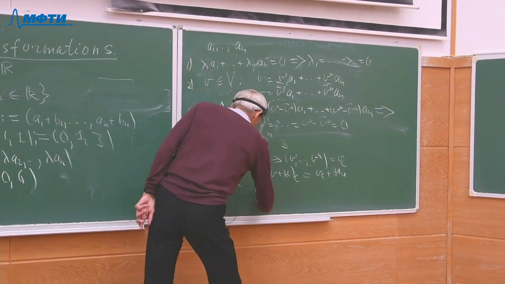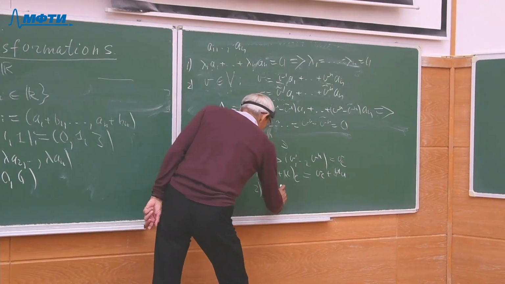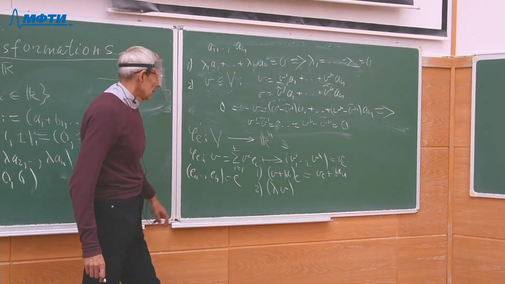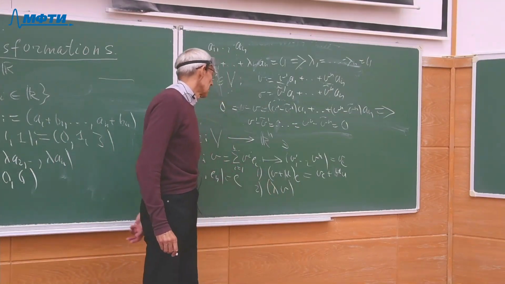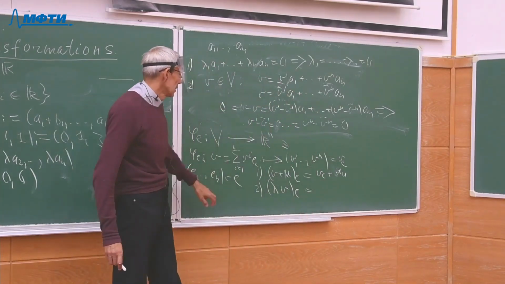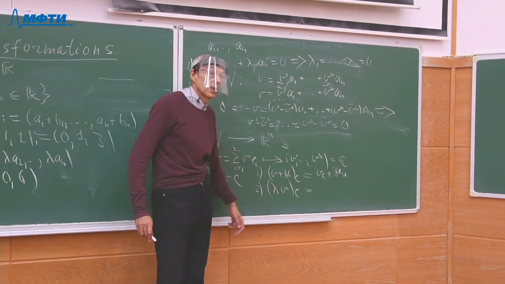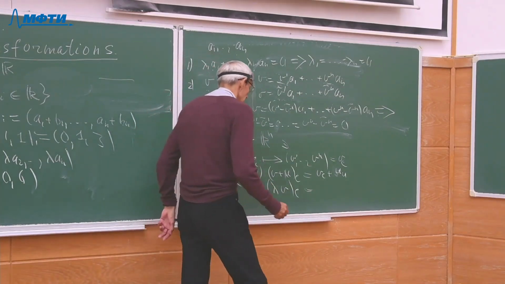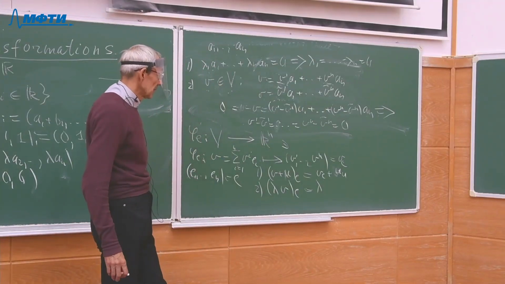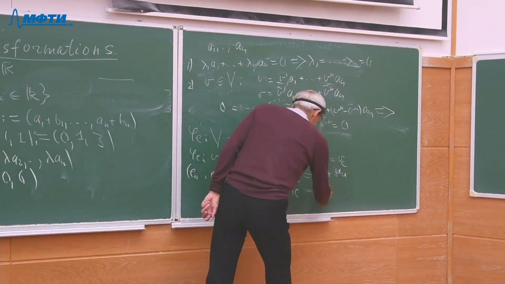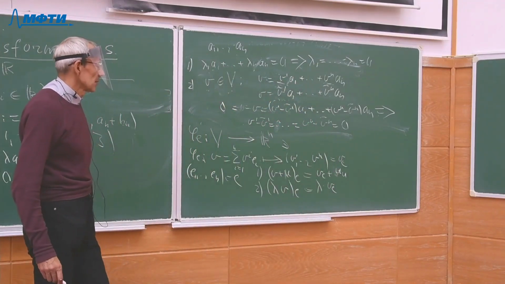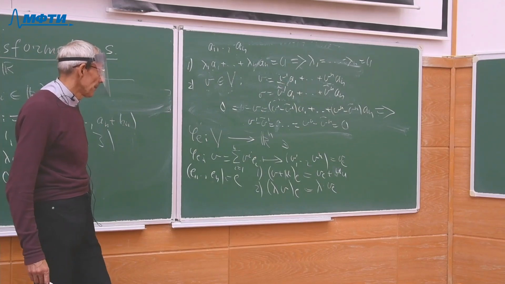And the second property: if I multiply an arbitrary vector v by the scalar lambda, and after that consider the coordinates of this vector, I obtain exactly the product of the scalar lambda and the coordinates of the vector v in the basis.